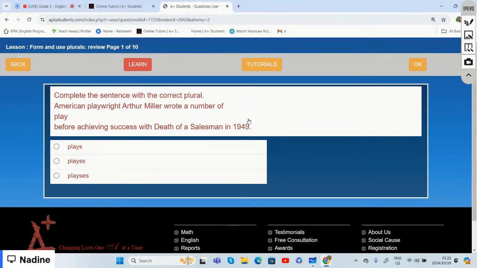All right, so it says American playwright Arthur Miller wrote a number of play before achieving success with Death of a Salesman in 1949. So do we say option one, option two, or option three? Which one is correct?